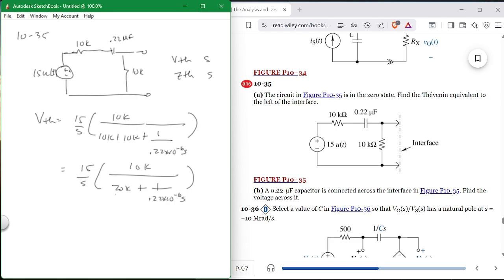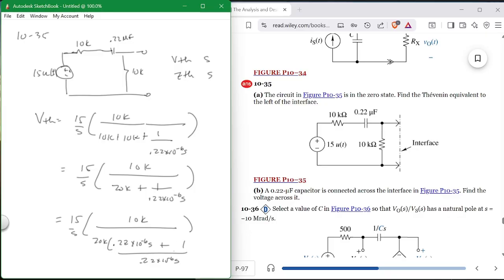So I've got to multiply the 20K times the 0.22 times 10 to the minus 6th S, plus 1 over 0.22 times 10 to the minus 6th S. All right, so that's that.